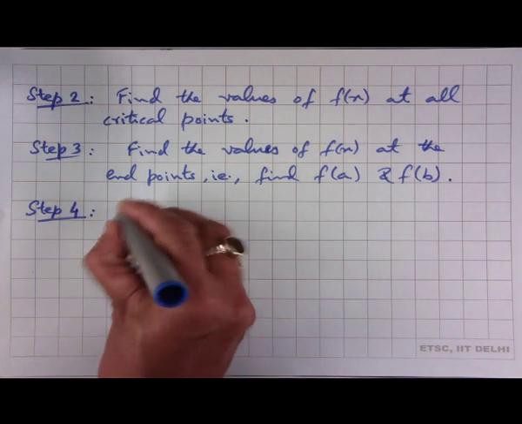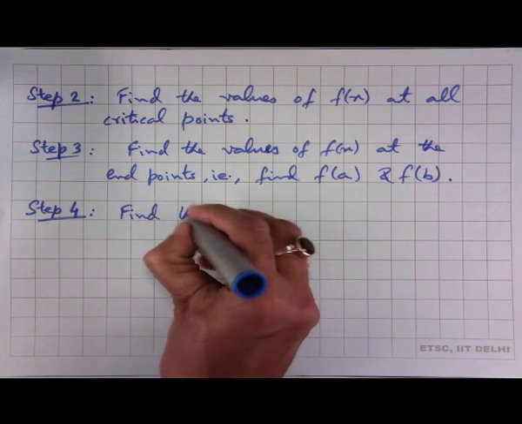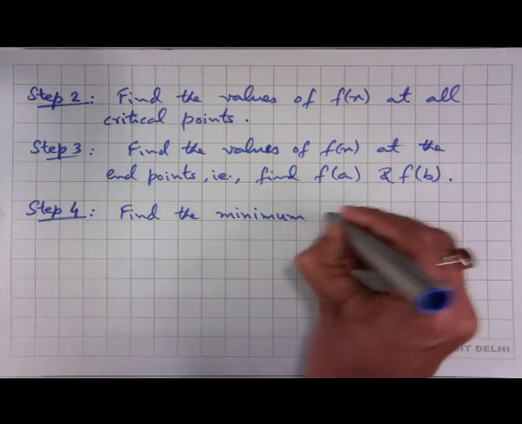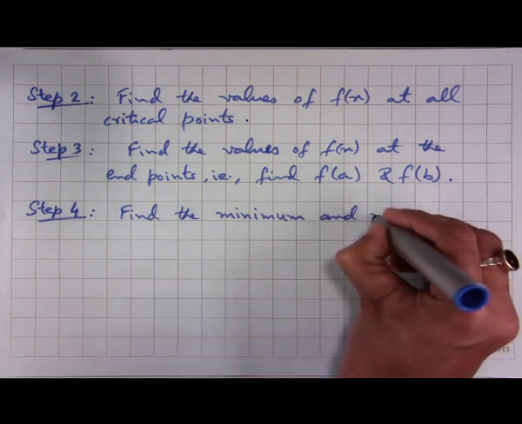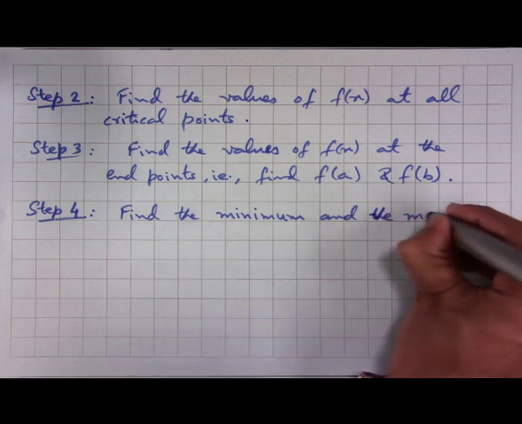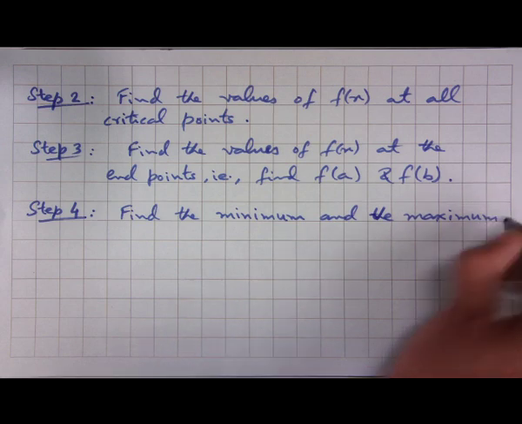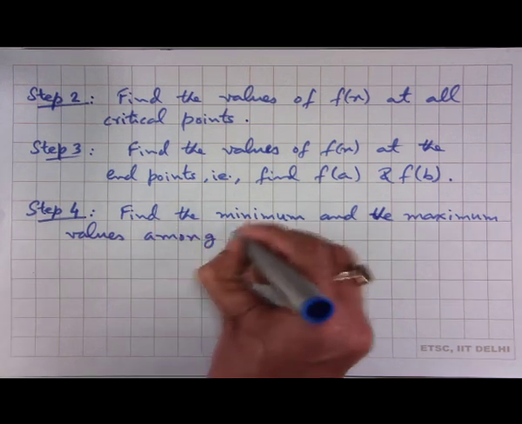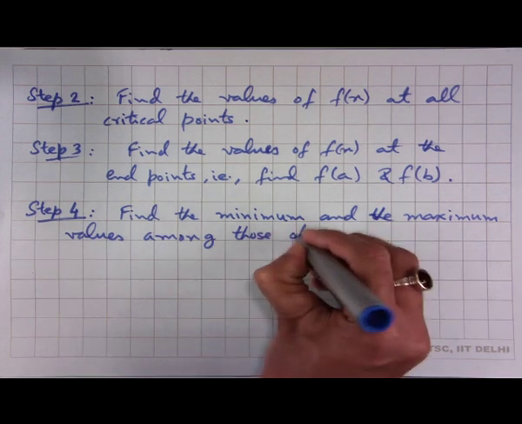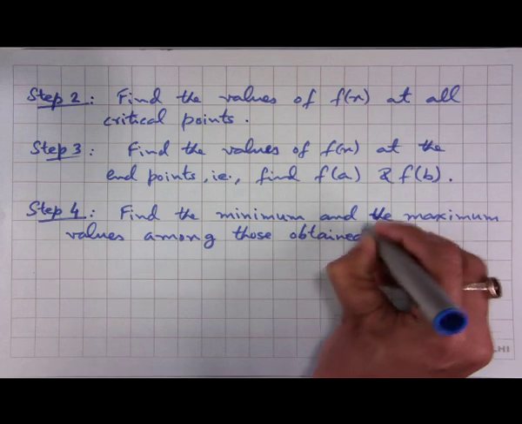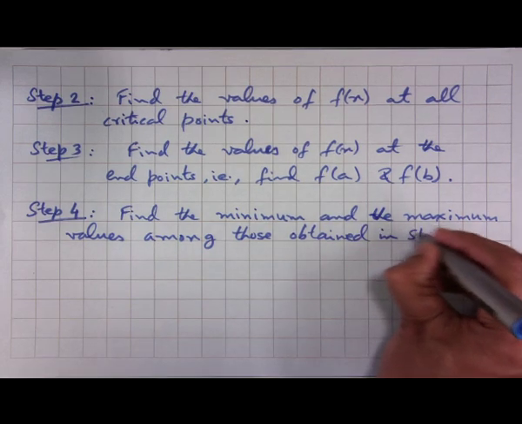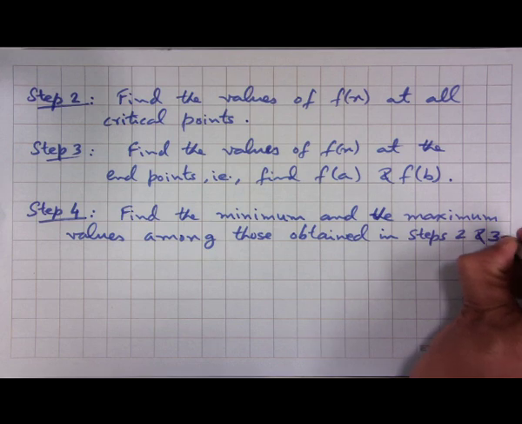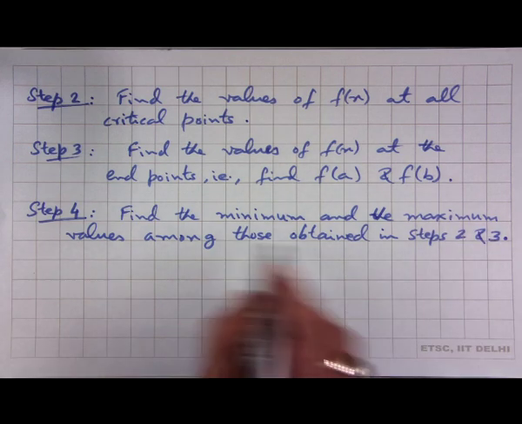So, find the minimum and the maximum values among those obtained in steps 2 and 3. And this gives us the minimum and maximum value.